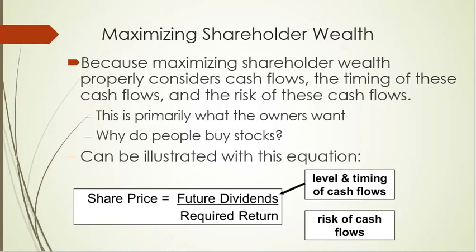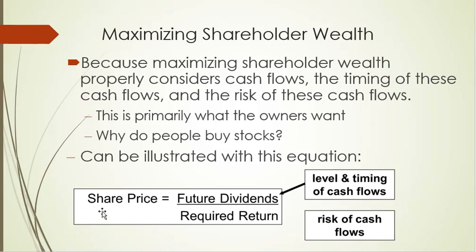Because maximizing shareholder wealth considers cash flows, it looks at timing, it looks at risk, but in a very basic concept. This is why people buy stock. People buy stock so they can increase their wealth. If you can't increase shareholder wealth, shareholders will either fire you and find somebody that will, or they will sell their investment and go elsewhere. This is what the owners of the company actually want.